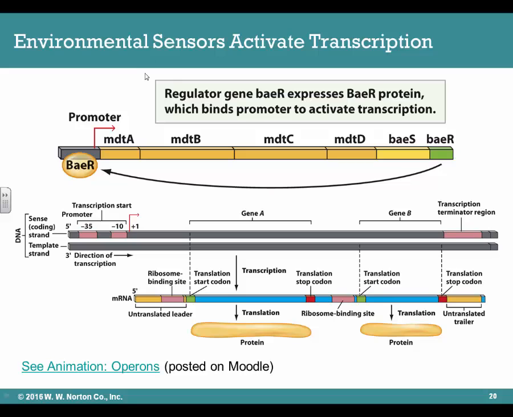And there's a kind of feedback mechanism that can occur in some cases in which a product of that set of genes, if it builds up in the cell enough, can activate transcription by binding to the promoter and recruiting RNA polymerase to that site for that key first step in gene expression, that step of transcription.